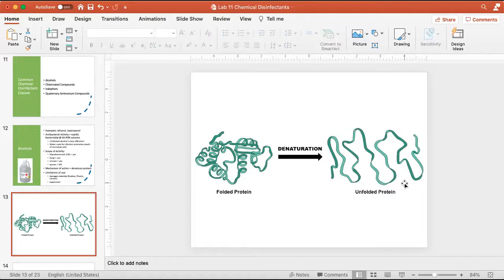So there's no more three-dimensional structure to it, and it just can't do its job anymore. Because proteins are one of the most critical molecules in a living cell, involved in so many of the functions that go on every moment of every day, by denaturing proteins, you kill the cell very fast.